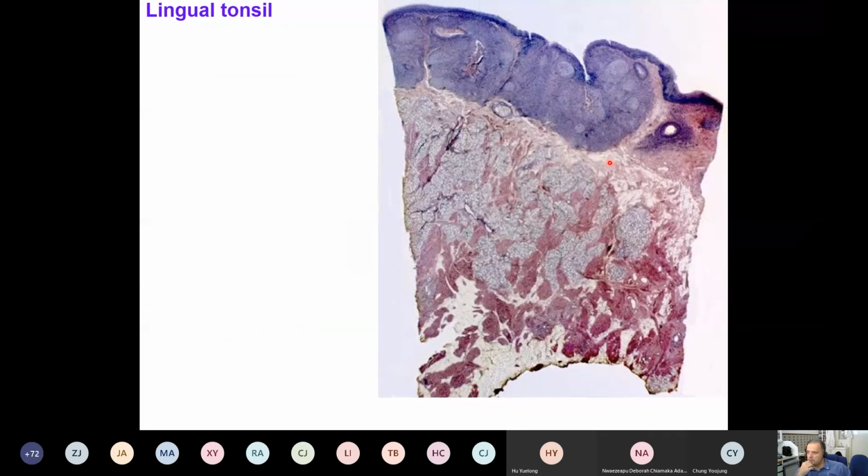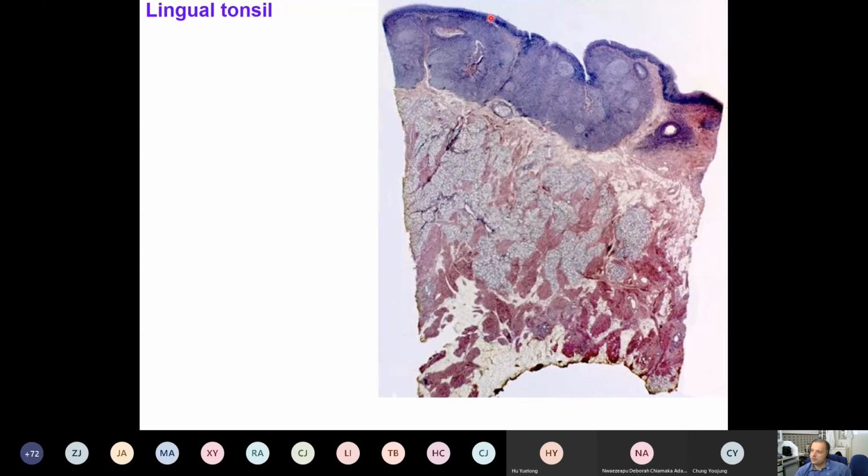And if we compare this with the lingual tonsil again, you see a stratified squamous non-keratinizing epithelium on the surface. Right under that, you have a very large amount of lymphocytes, which are again organized partially into follicles. That's the B-dependent area with B lymphocytes, and in between the follicles, you have T lymphocytes.